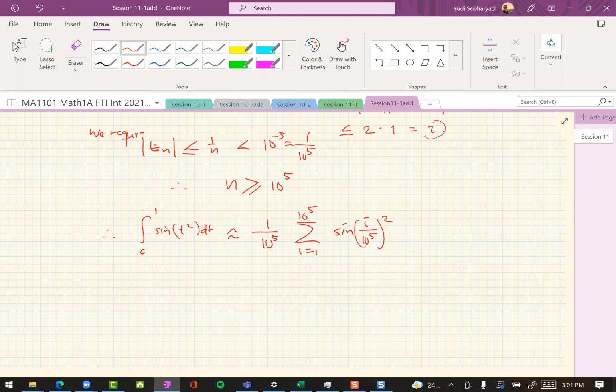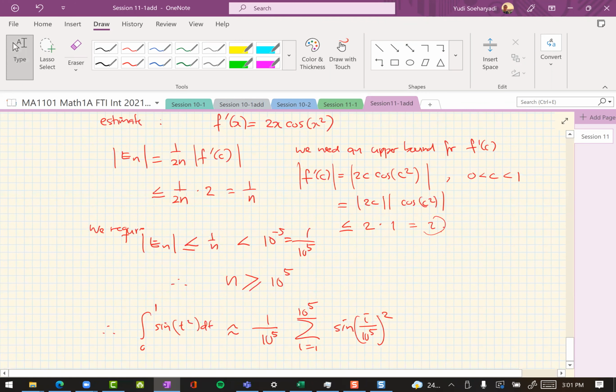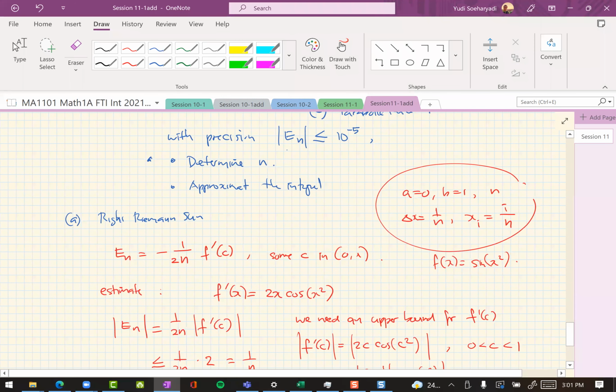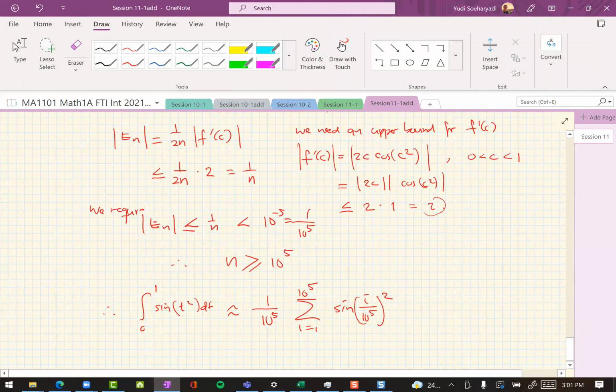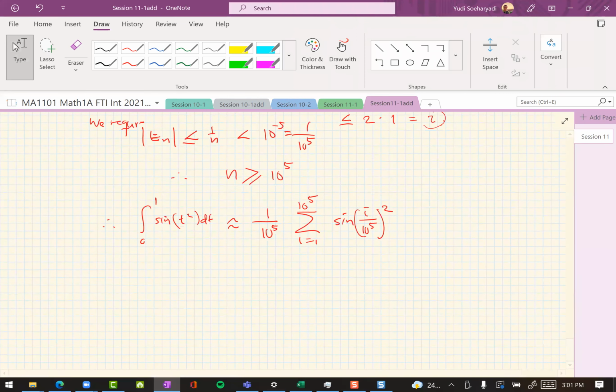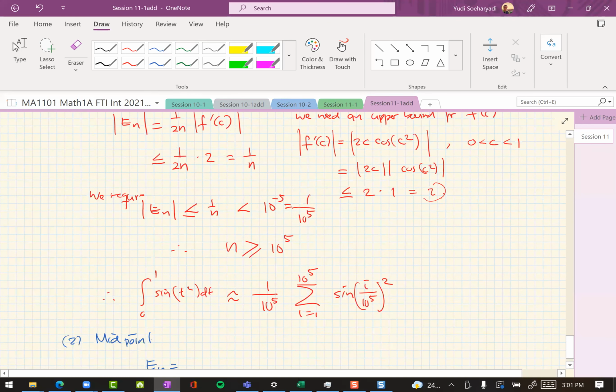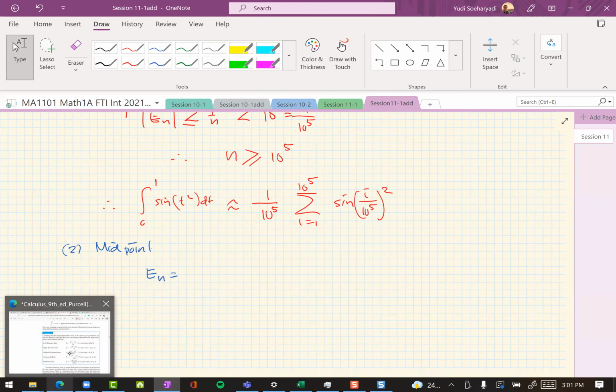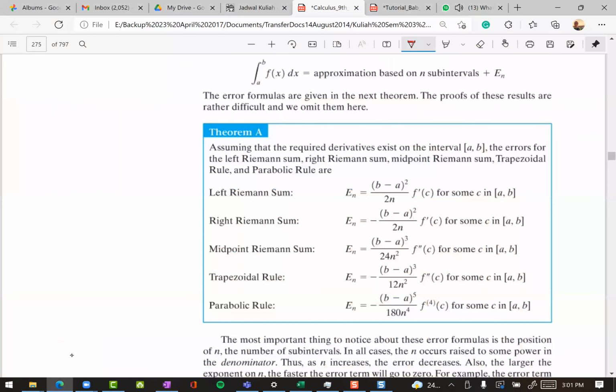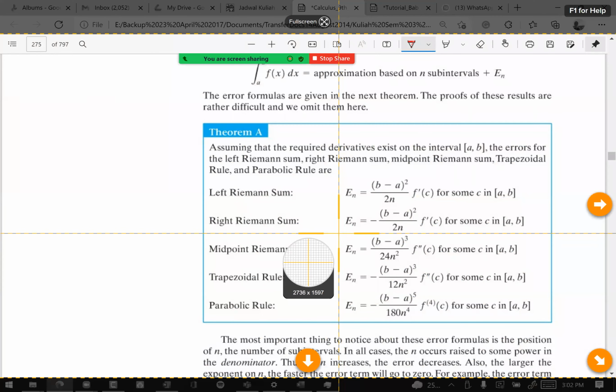Yes, sir. Okay. So let's do one more thing with the midpoint. Sorry, it's just easier for me to get this one. The midpoint Riemann sum is, let's see, easier to get this thing.